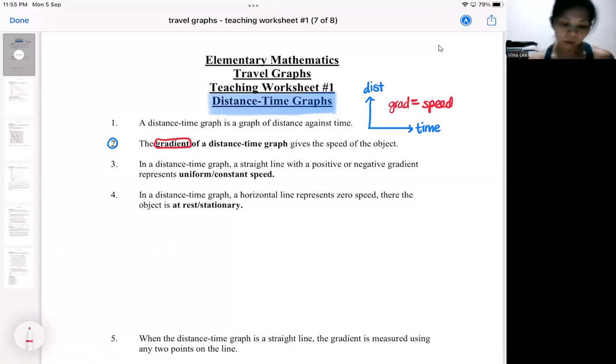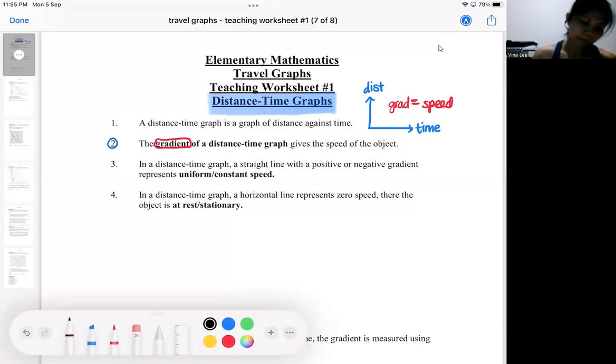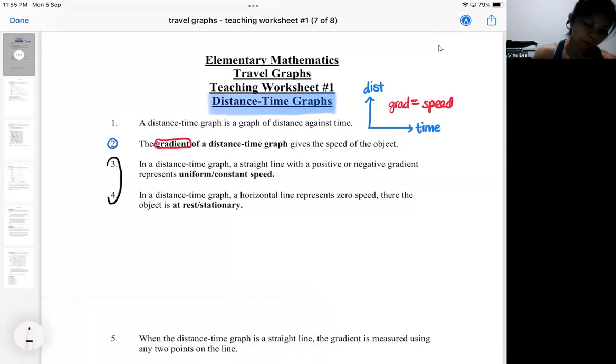Then let's talk about how we read a distance-time graph. If you look at point number 3 and number 4, in a distance-time graph, if you have a straight line, whether it's a positive gradient or negative gradient, it just means that the particle or the person is traveling at a constant speed.